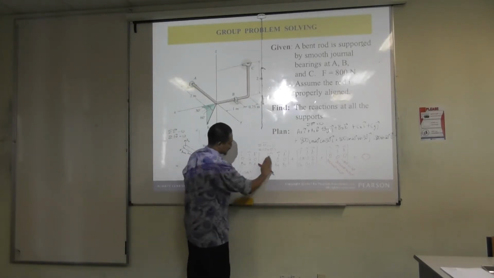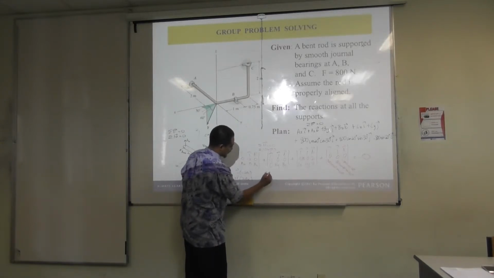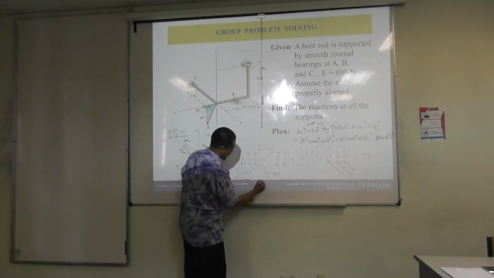This one for i, 0 for z, j, so minus j minus vz kan. For k plus k minus 1.